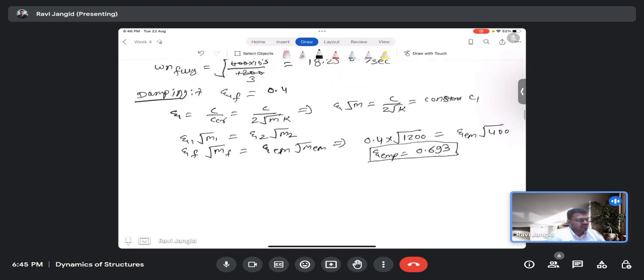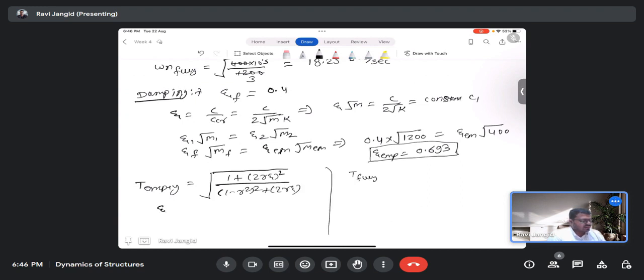Now I need to determine the transmissibility for the empty vehicle and the transmissibility for the fully loaded. The transmissibility formulation we have calculated is root of 1 plus (2 r xi) square over (1 minus r square) square plus (2 r xi) square. For the empty, xi is 0.693 and r we need to calculate.